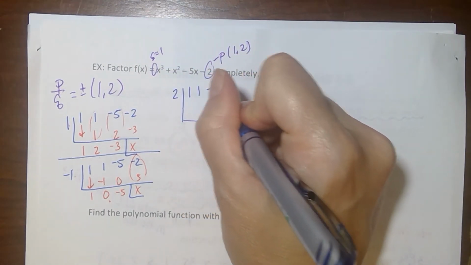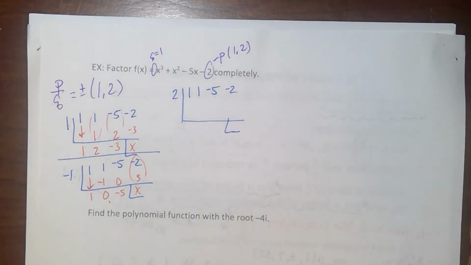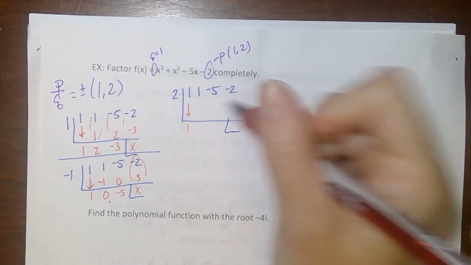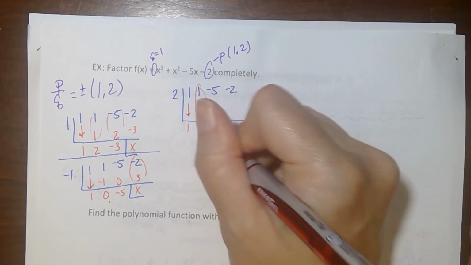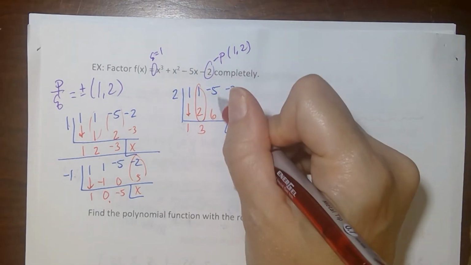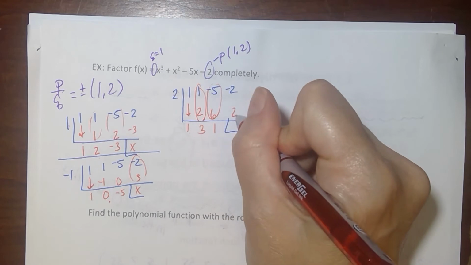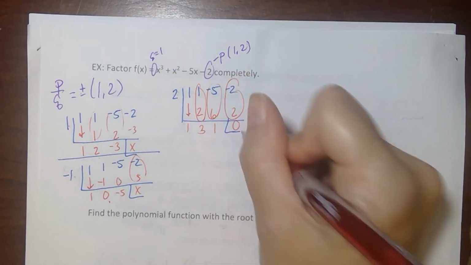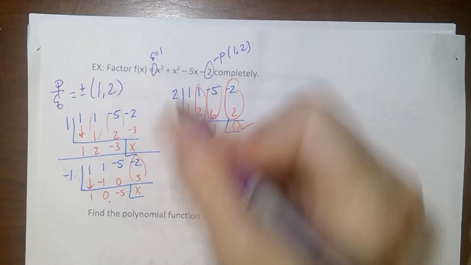So we go back to our coefficients, and we're checking for that remainder. Here we go, bring down the first term, multiply on the outside, add on the inside, multiply on the outside. Oh, this looks promising. Add on the inside, I get a positive 1, multiply positive 2, there's my 0. That works. So we have found our root.